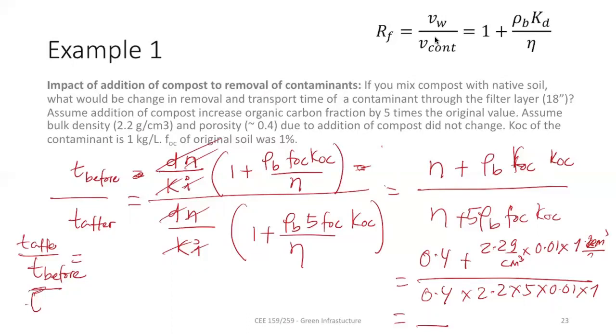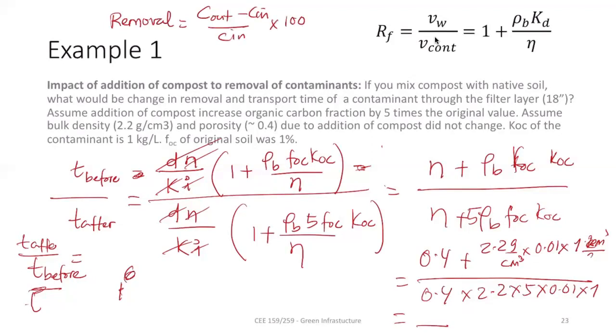And it says, what's the change in removal? This is a question somebody asked on Piazza. What does removal mean? Removal means what percentage of contaminants is removed with respect to the initial amount of pollutant. So that will be C in minus C out divided by C in times 100.